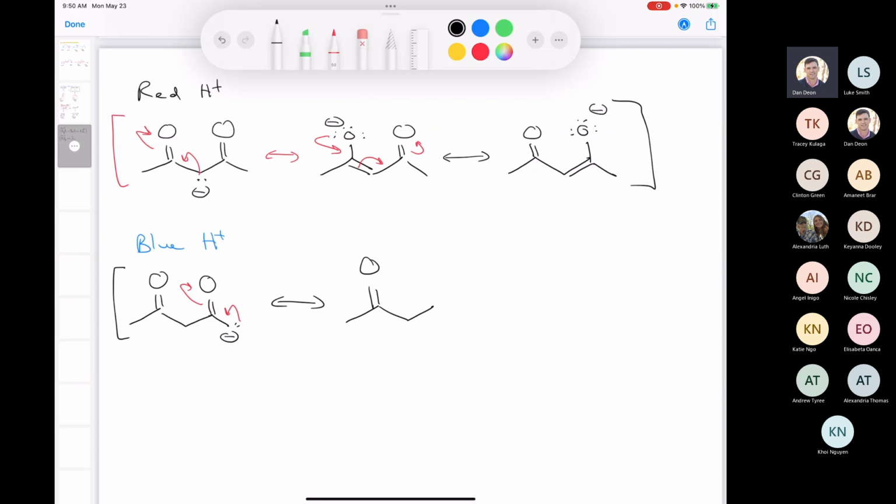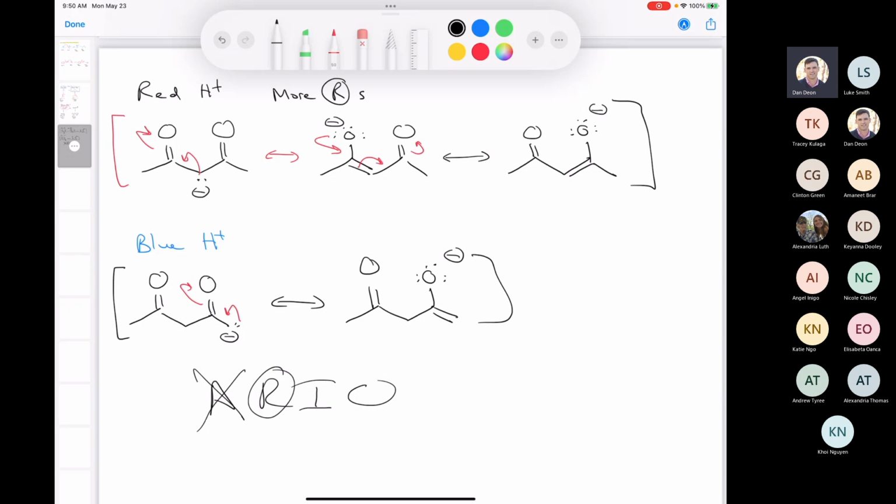So you have fewer resonance structures. Again, with ARIO, you can't use atom, so you use resonance, and this one has more resonance structures. That means it's a more stable base, and it comes from a stronger acid. And that's how you would use ARIO to solve that problem.